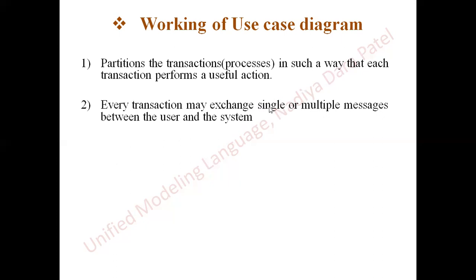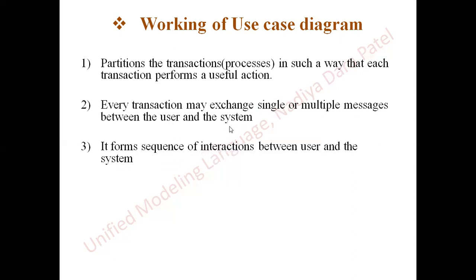Now let us go through the next part. We said that we are going to show the interaction between user and our system. These interactions can be a single message or multiple messages. But between whom? Between again the user of the system and our system. It forms sequence of interactions between user and the system. Interaction contains one main line sequence.